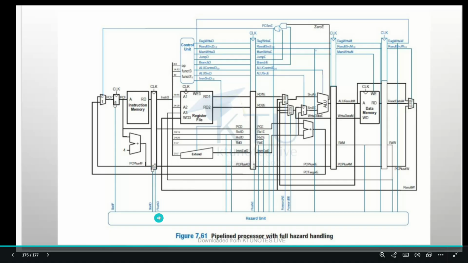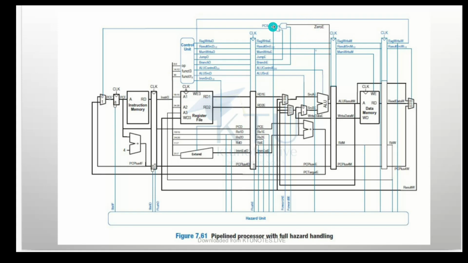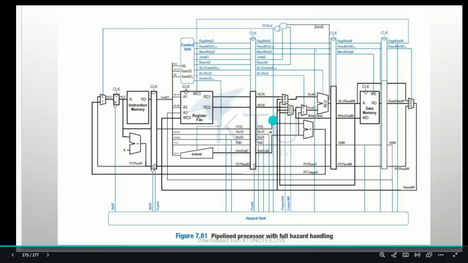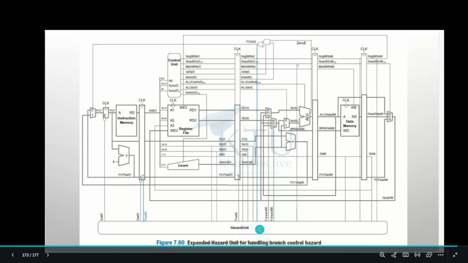Flush E was already there in the data hazard case, and PCSrcE also has to be placed in this hazard unit. That is another important thing. So the new things are PCSrc and flush D, because flush E was already in the hazard unit in the previous case.